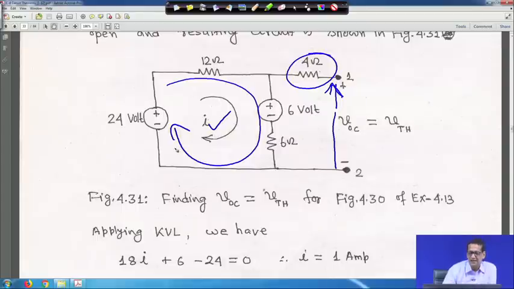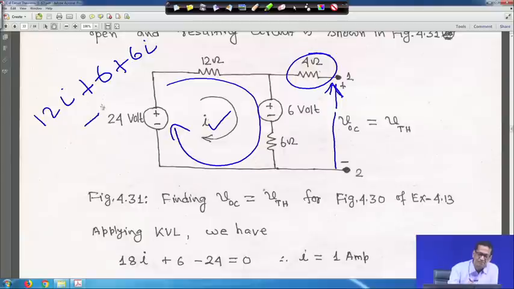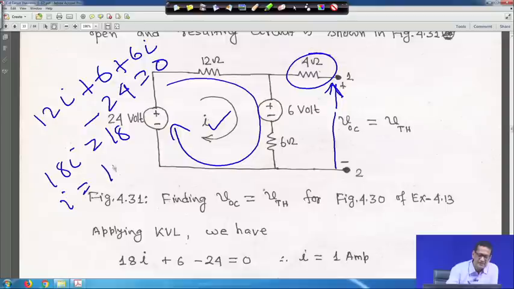Therefore, I am writing here for you: 12 I plus 6 I minus 24 is equal to 0. That means 12 I plus 6 I, 18 I is equal to 18, therefore I is equal to 1 ampere.